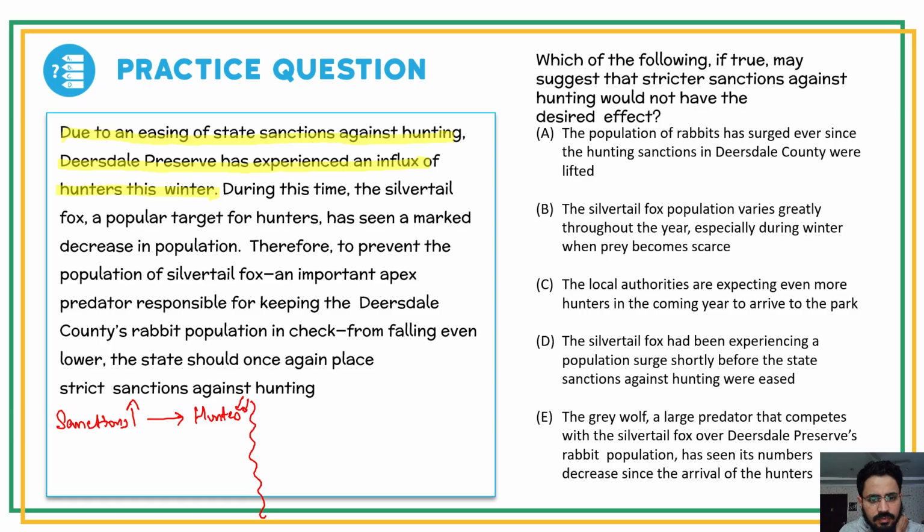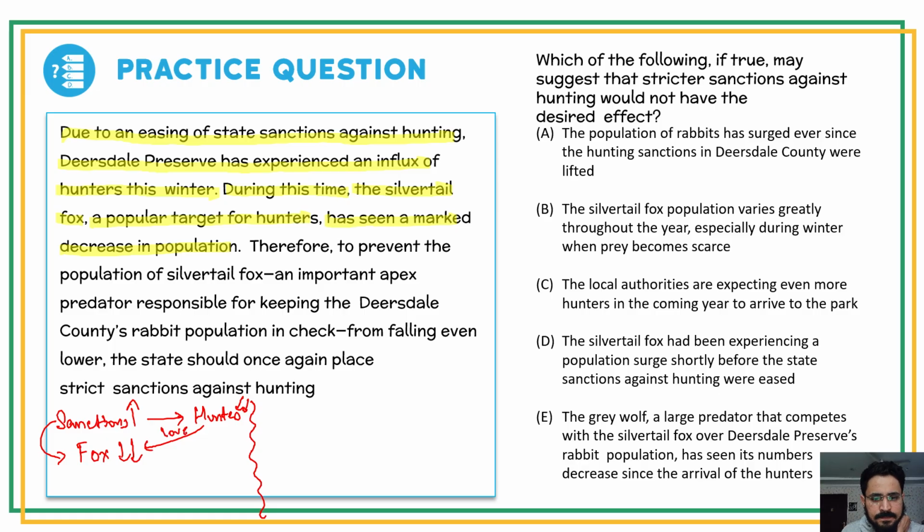And during this time, the silver-tailed fox, which is a popular target for hunters, has seen a marked decrease in population. So at the same time, the fox population has gone down and the hunters love hunting it.